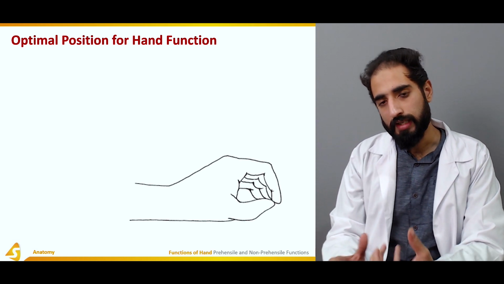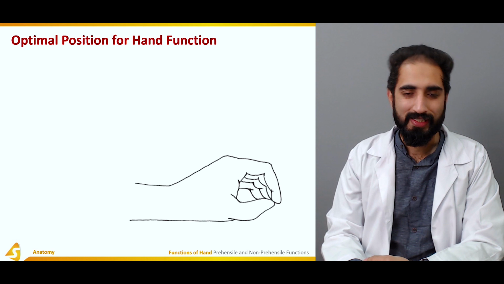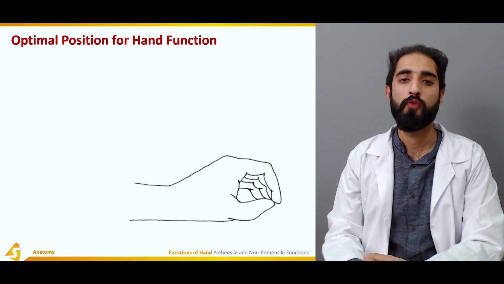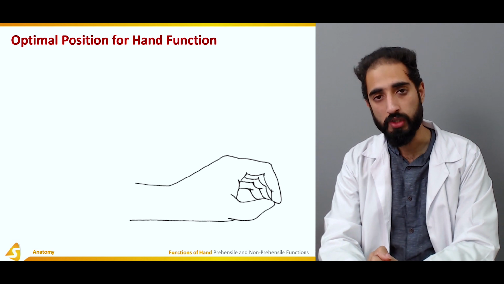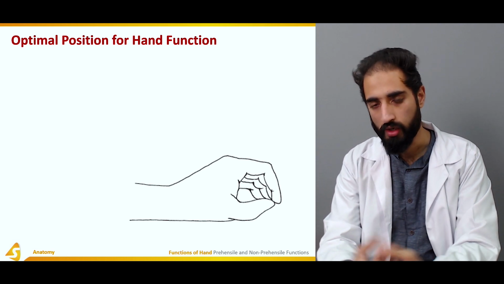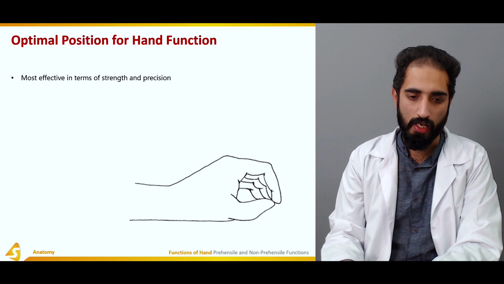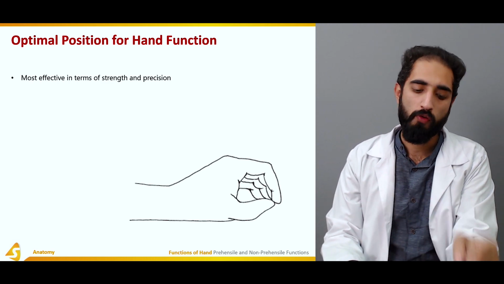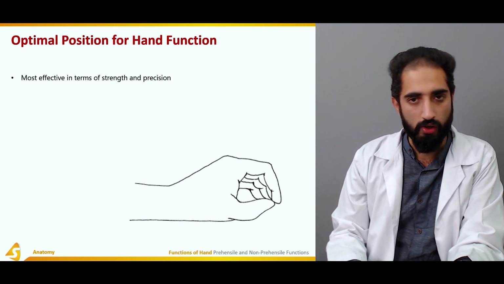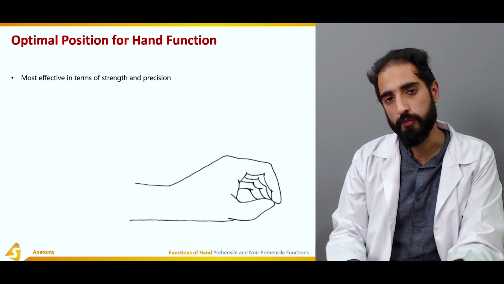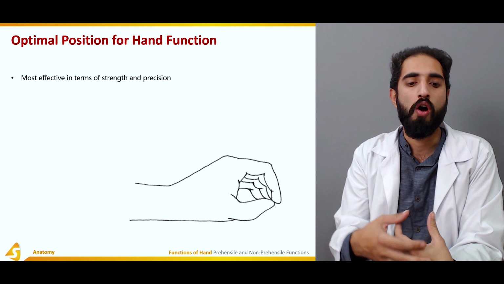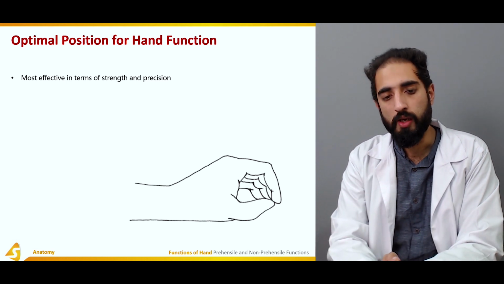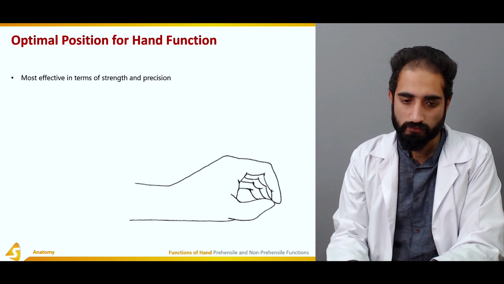Now, when we talk about grips, the thing we need to understand before going towards grip and grasp is the optimal position for hand function, also known as the functional position of the hand. If we want to perform any function related to prehension or grasp, we need to have the optimal position for purposeful movements, which is the position most effective in terms of strength and precision.